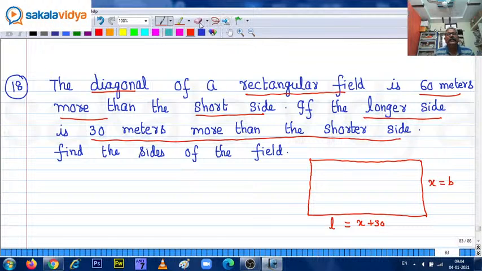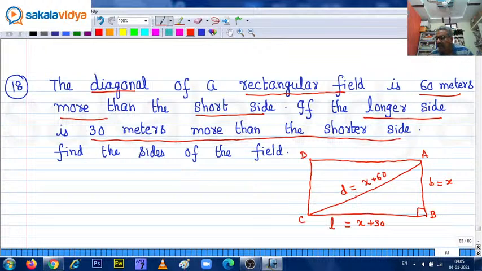Here b is equal to x, breadth is equal to x. What is given? The diagonal. This is called the diagonal. This will be a right angle. Say A, B, C, D. The length of the diagonal is 60 meters more than the short side. So the diagonal D is equal to x plus 60.